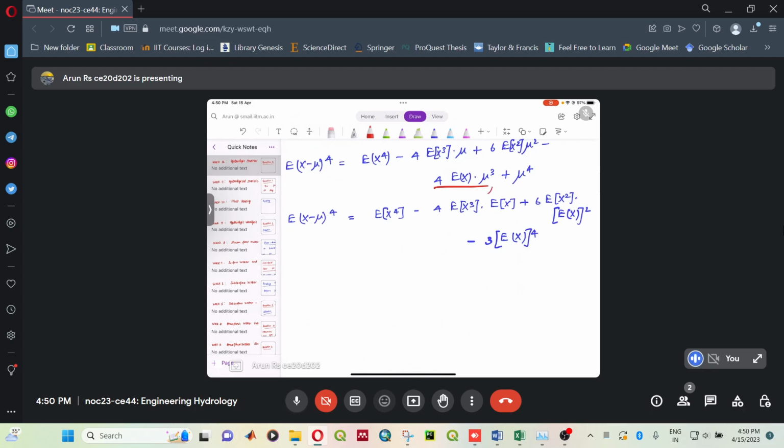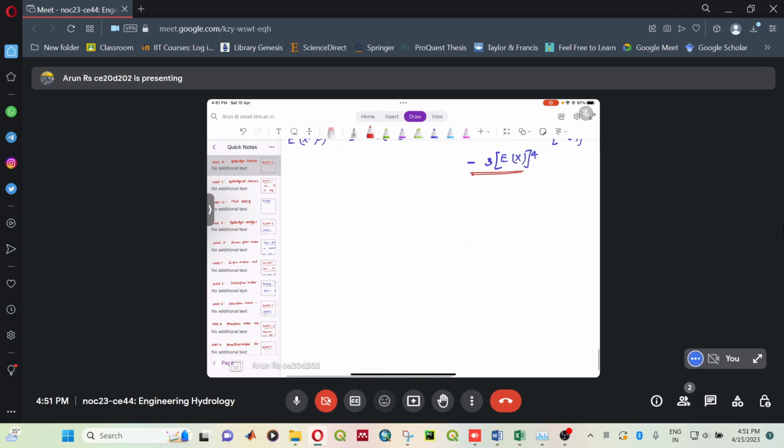So this will be minus 4 mu to the power 4, and this will be plus mu to the power 4, and that will give you minus 3 mu to the power 4, which can be written as minus 3 E of x the whole power 4. Now in this equation, the only unknown is E of x power 4.